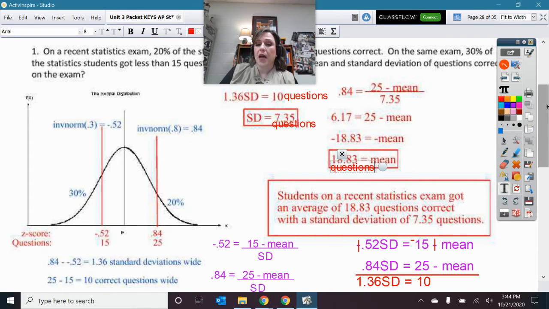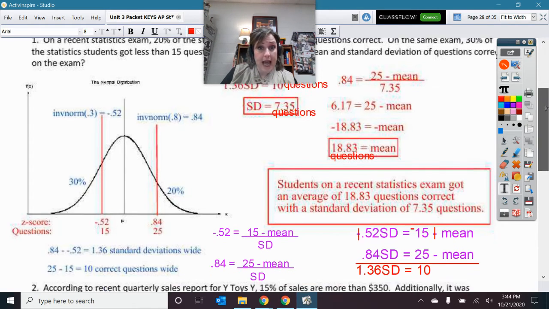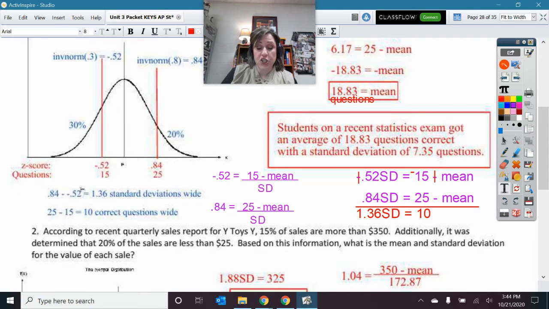Okay, now, if you didn't like this method with the picture, here's how to do that with just formulas. Essentially what I'm doing is setting up an equation with this z-score and this x value. So negative 0.52 equals 15 minus the mean over the standard deviation, with the unknown mean and unknown standard deviation.